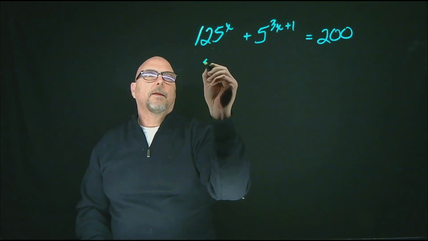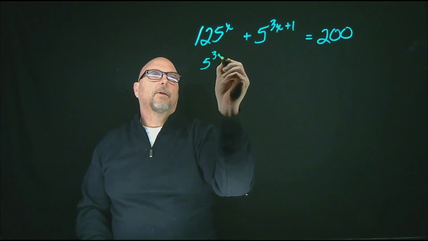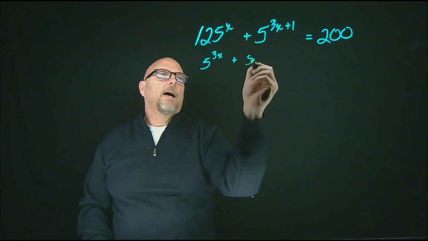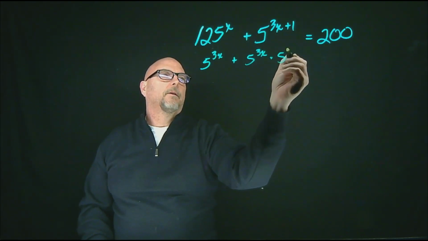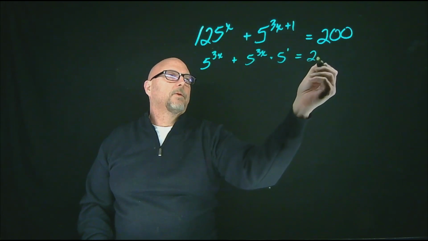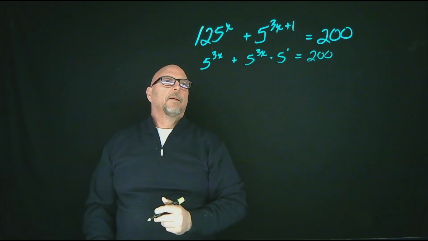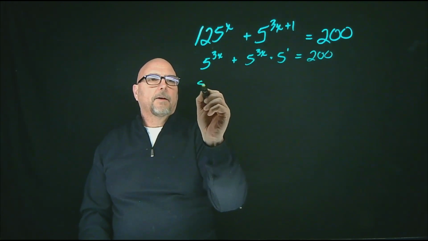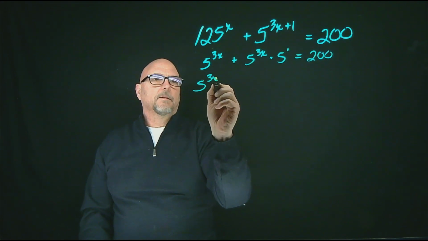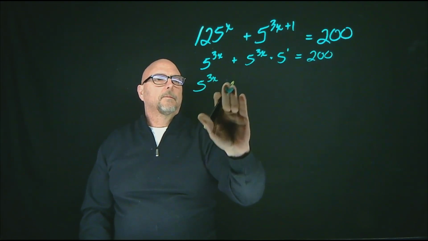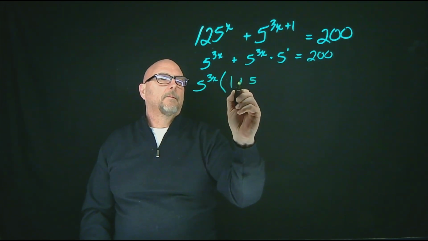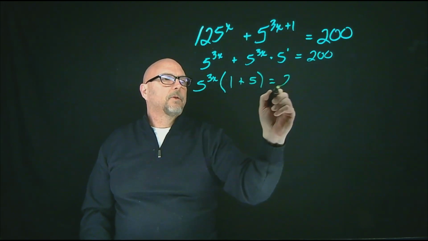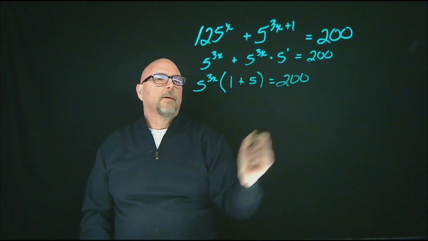So I would still write this as 5 to the 3x plus 5 to the 3x times 5 to the 1. And that's equal to 200. All right, so same as before, factor out your 5 to the 3x. That's going to leave us with 1 plus 5, and that's still equal to 200 over here.